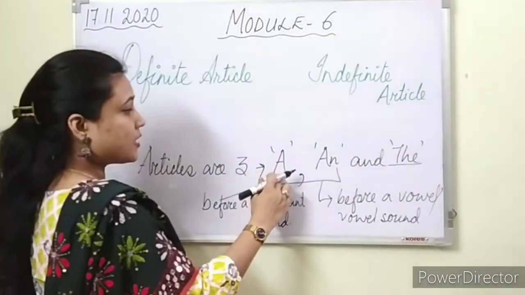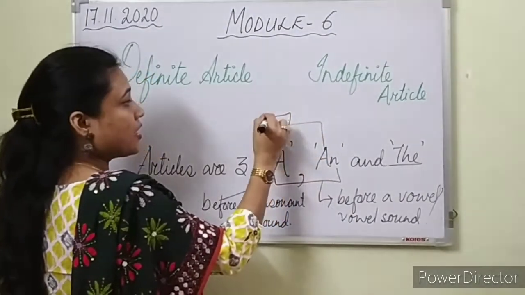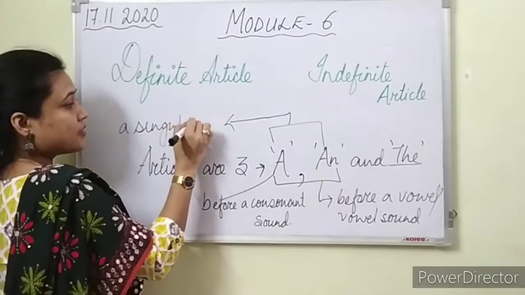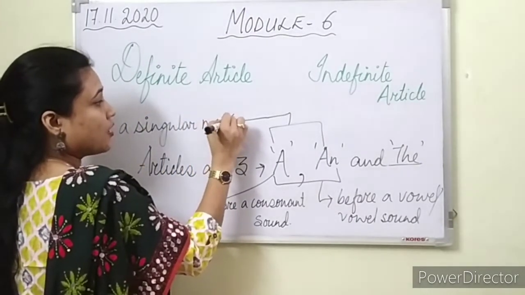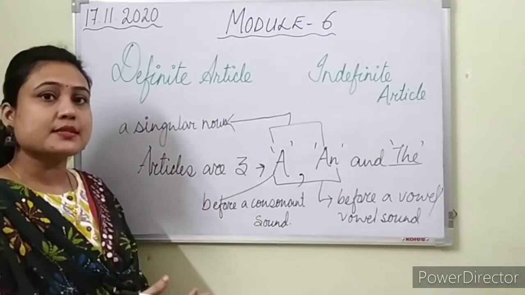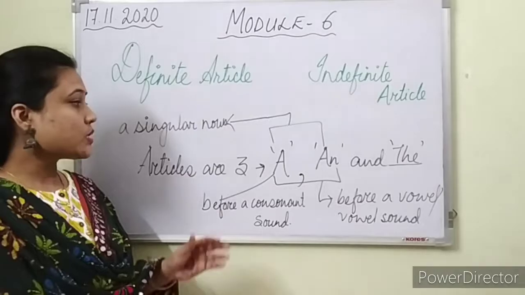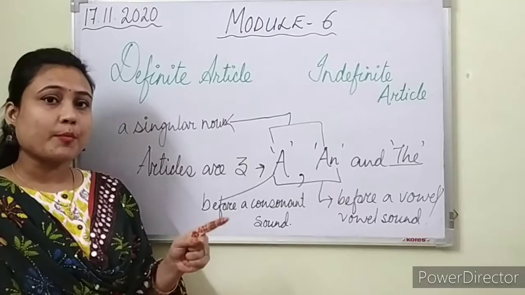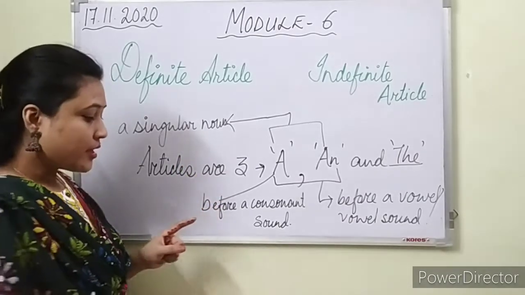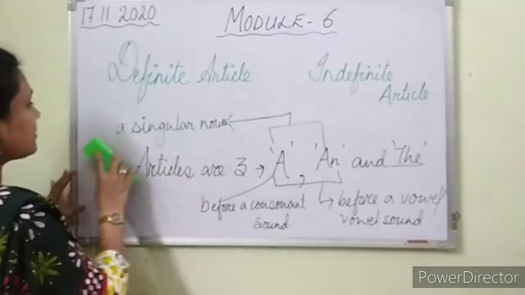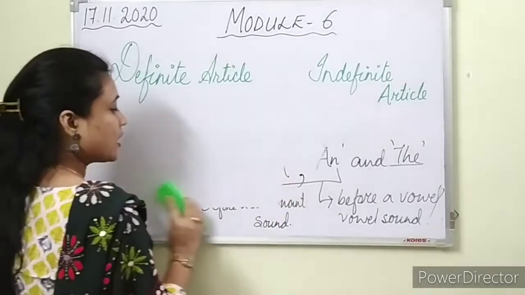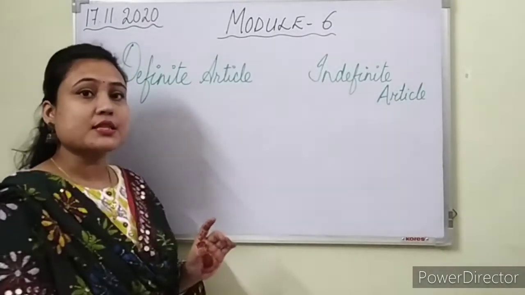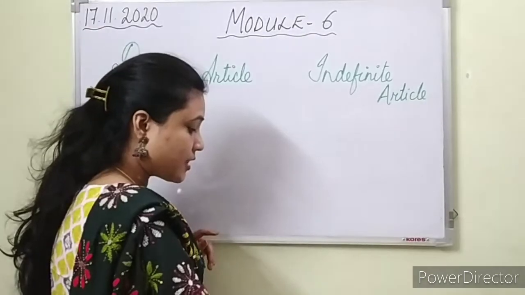Again, I told that articles a and an are used before a singular noun, a singular person, place, animal, or thing. We use a and an before a singular noun, when we talk about only one. Now let's check out the definite and indefinite articles.